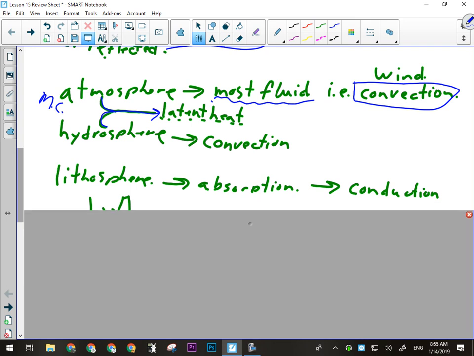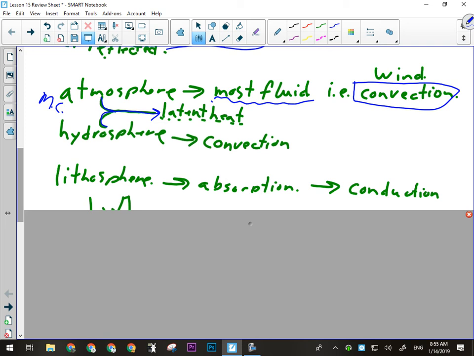Now there will be a question that's going to ask you to apply your knowledge of energy transfer, energy absorption, and things like that. It'll be a practical application question somewhere along the lines of this. I'm going to present you with a challenge. That would be like either I want you to find a way to heat something up, or I want you to find a way to keep something cold or keep it warm or something like that.